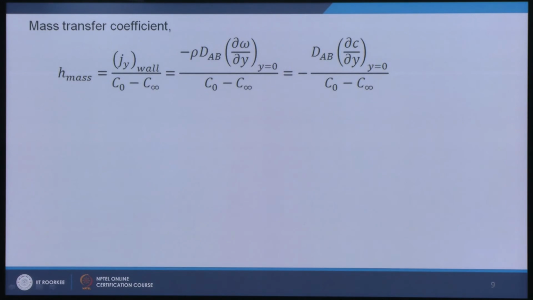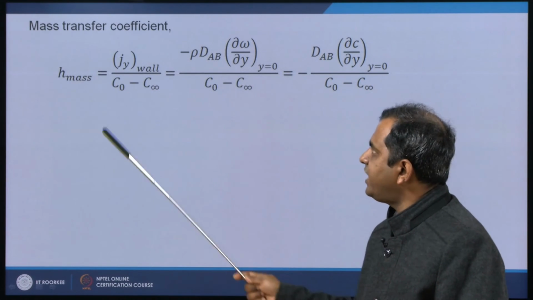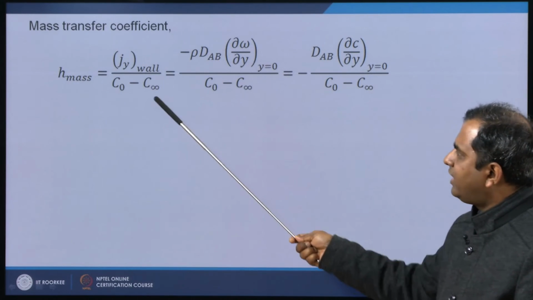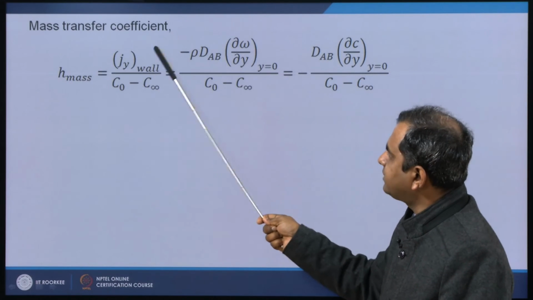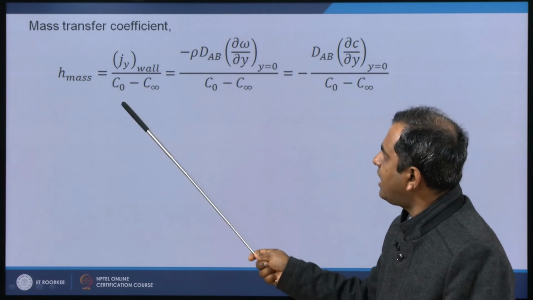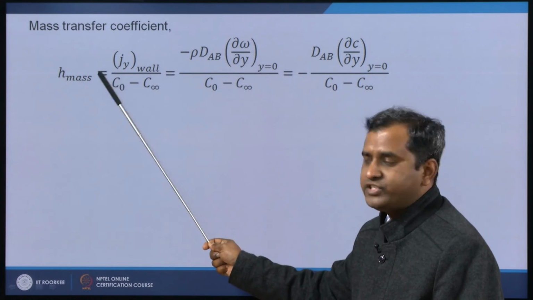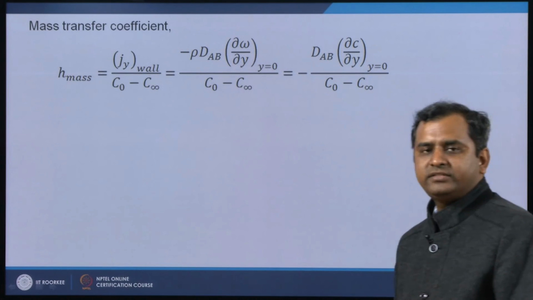If we proceed further and try to find the mass transfer coefficient, just like our heat transfer coefficient h, which was Q by the temperature difference, here it will be the mass flux Jy at the wall, definitely, because we are interested in the mass transfer coefficient at the wall, divided by the concentration difference C naught minus C infinity.